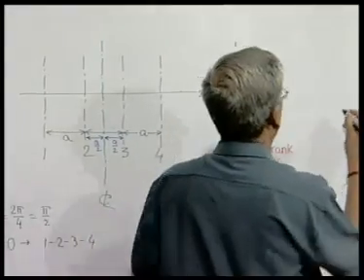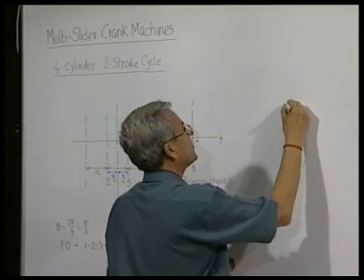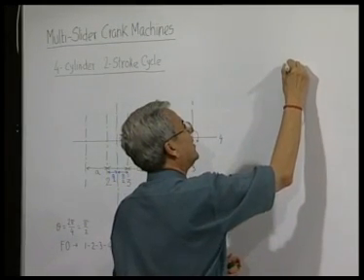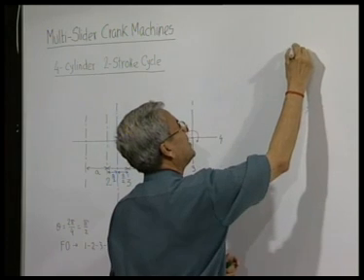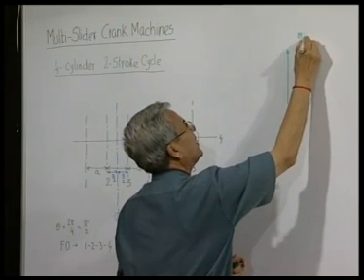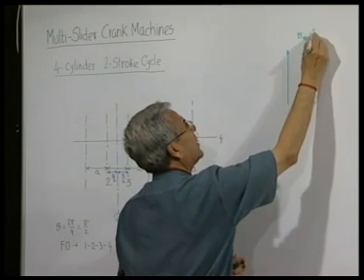This primary force produced by the cylinder number 1 will be this, and this is nothing but m reciprocating omega square r.